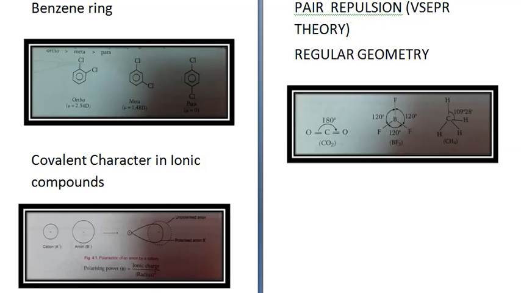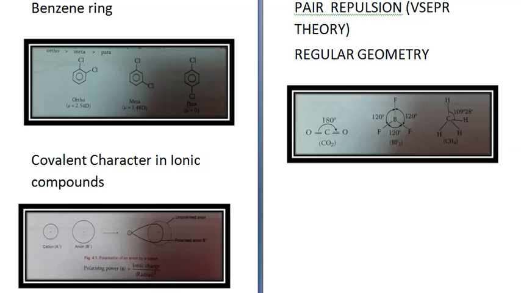In ionic compound, cation attracts electrons of anion. Cation is smaller and anion is bigger. Why? Because in cation you have lost electron and in anion you have gained an electron. So anion is bigger in size. So in ionic compound, cation attracts the electrons of anion towards itself and repels its nuclear charge.